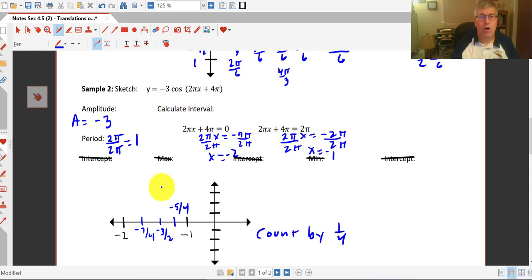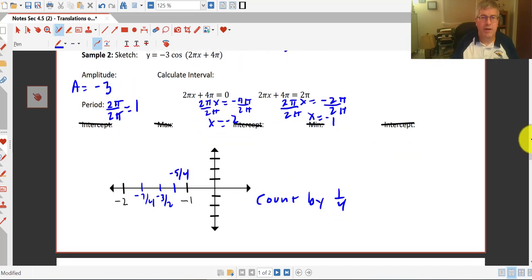Now you may recall that our cosine curve, when the cosine of 0 radians was 1. But our amplitude is negative 3. So now the cosine of our new origin of negative 2 is way down here at negative 3.